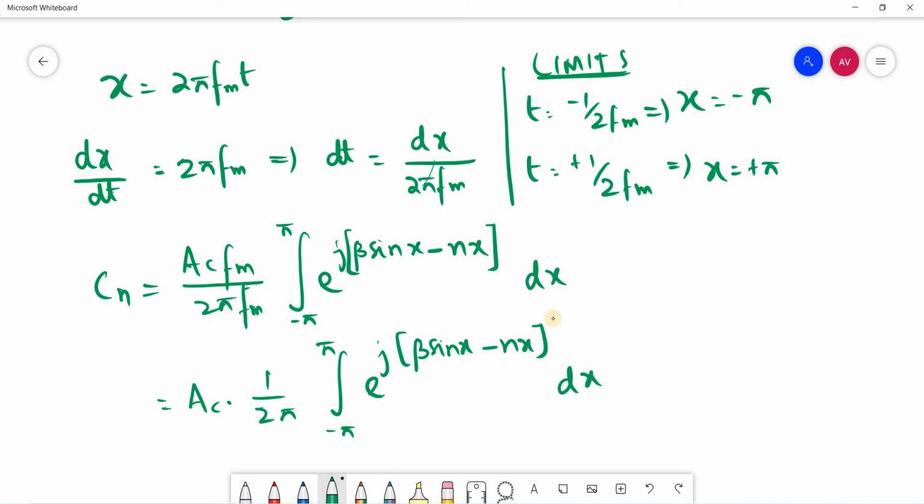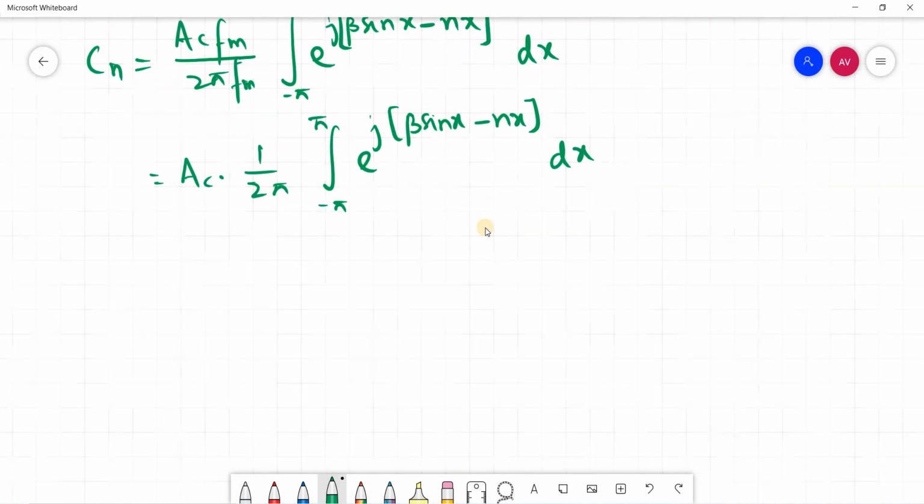This particular integral is a standard integral. So I can replace that integral with Bessel's function, an nth order Bessel's function with argument equal to beta.